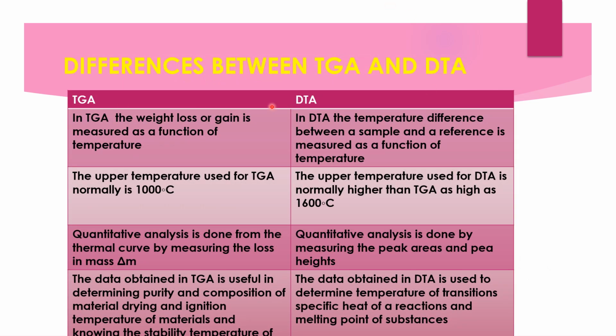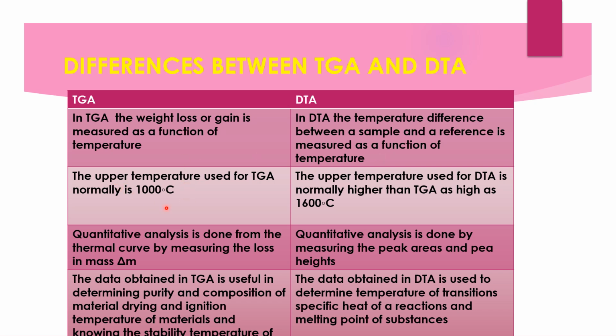Now we will see first of all the basic difference between thermogravimetric analysis and differential thermal analysis. In thermogravimetry, the weight loss or weight gain is measured as a function of temperature, while in differential thermal analysis, the temperature difference between the sample and the reference is measured as a function of temperature or time.